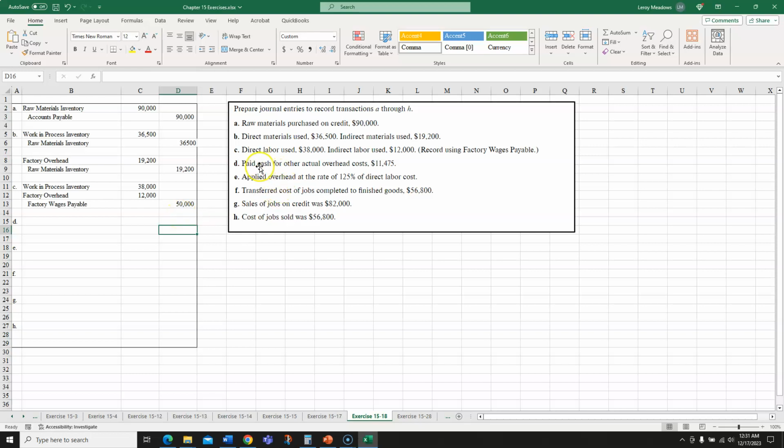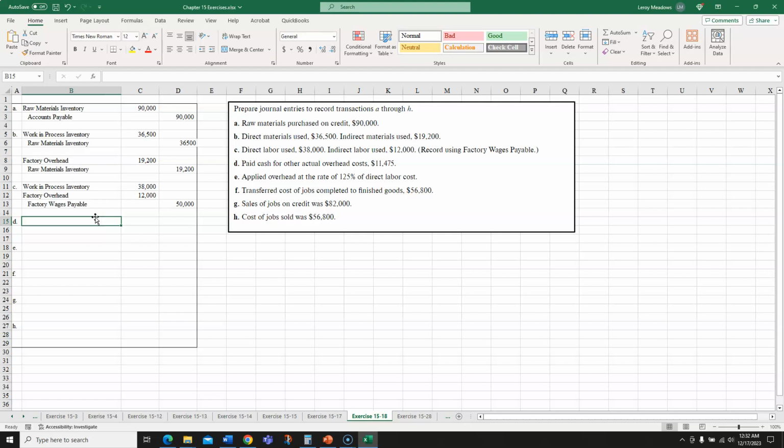Now D is we paid cash for other actual overhead costs, $11,475. Normally we would break this down for each individual thing for credit and everything else like that. But since we're told one, we paid cash for it, and two, there's no depreciation in anything, so we're assuming no depreciation in this company.